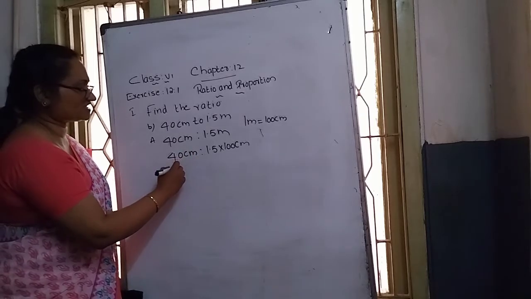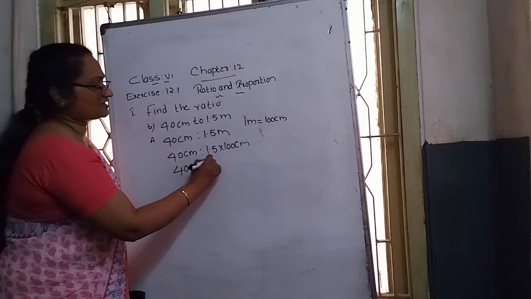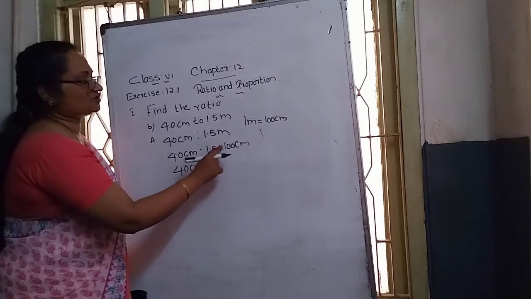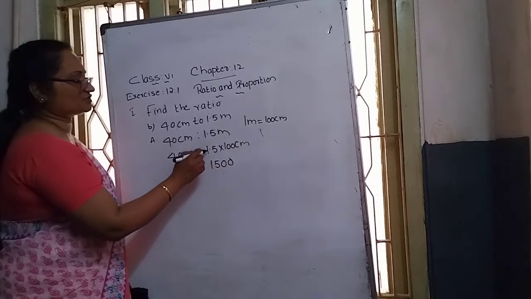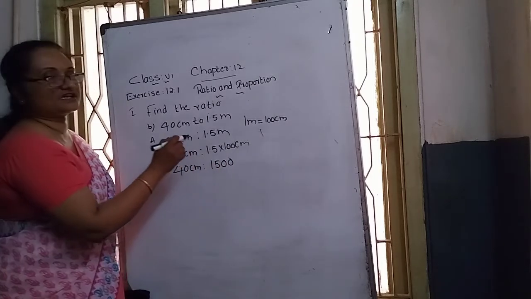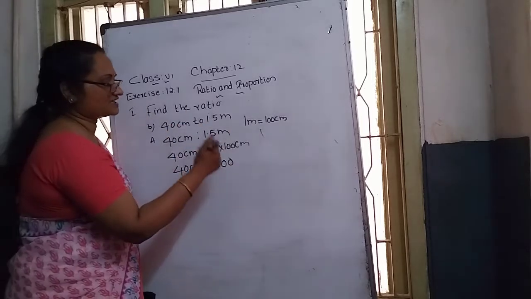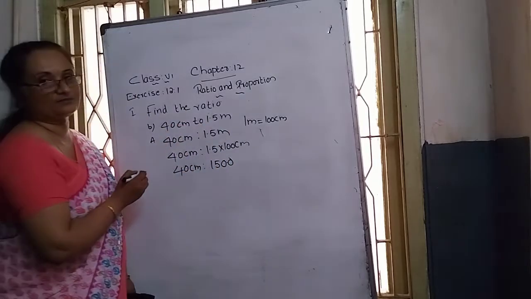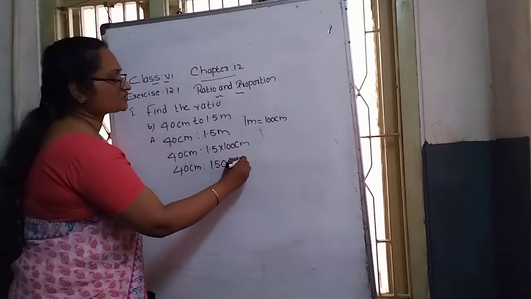Next, multiply. 15 into 1 becomes 15, and there are 2 zeros in total. There is 1 digit after the decimal point in the multiplicand, so from right to left we take 1 place and put a decimal point, and 150 centimeter is the answer.